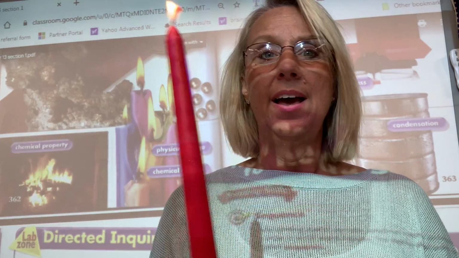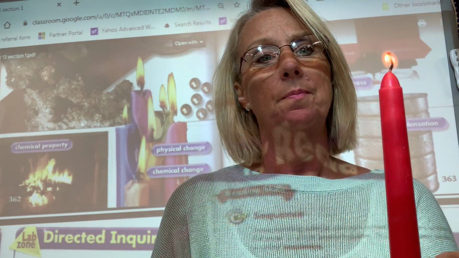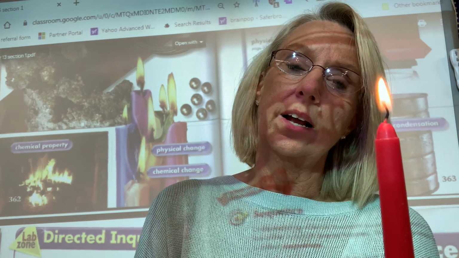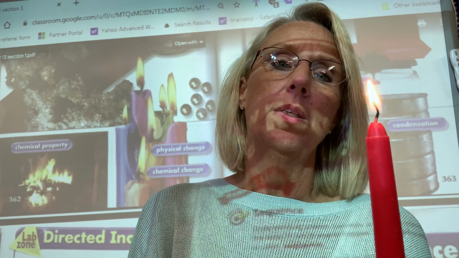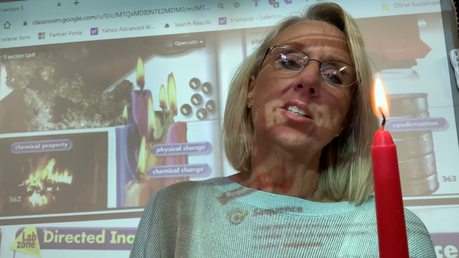So when I add fire to the wick, I'm going to let it burn just a second, because as it's burning, that cotton wick is flammable. And as it's burning the cotton, there's no way to go back to its original state.